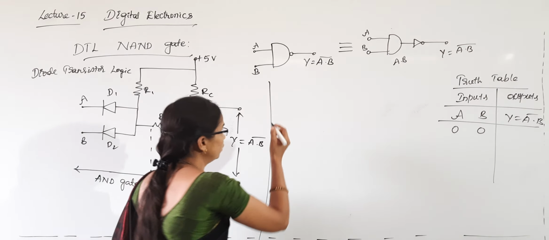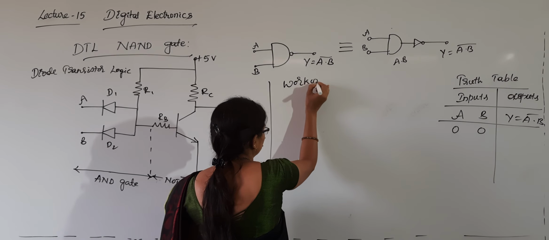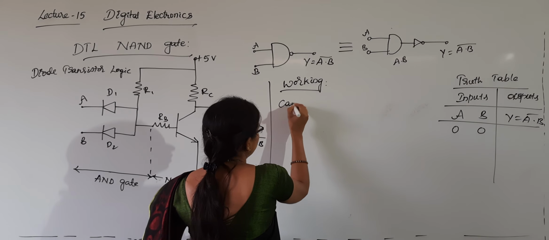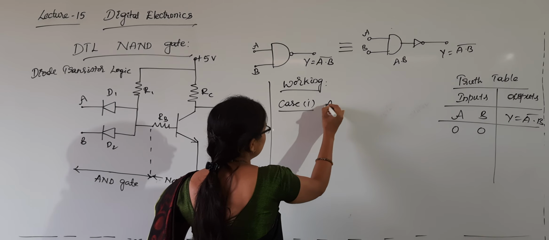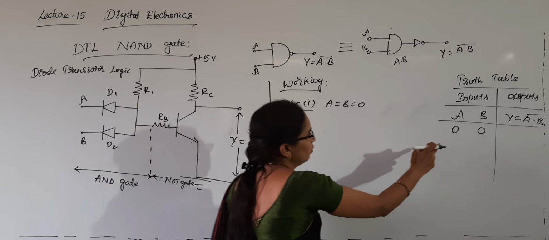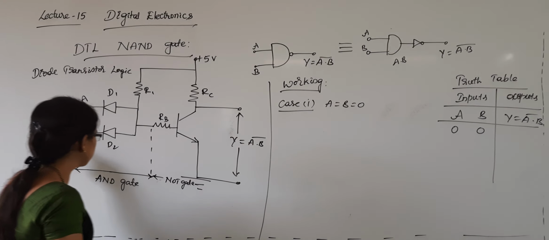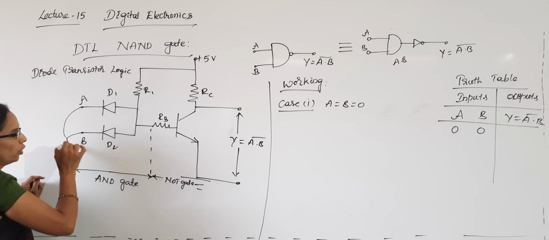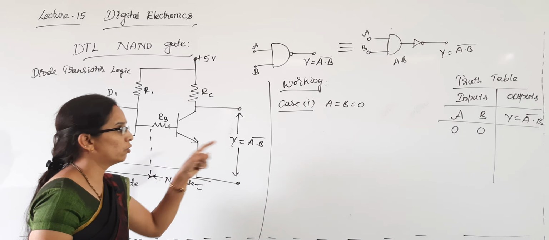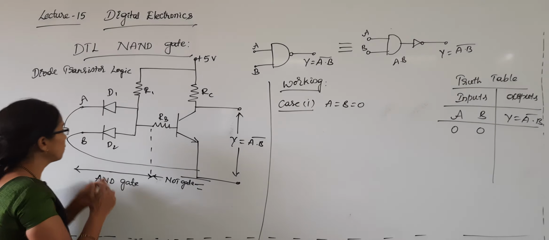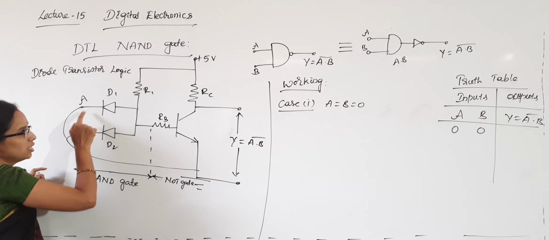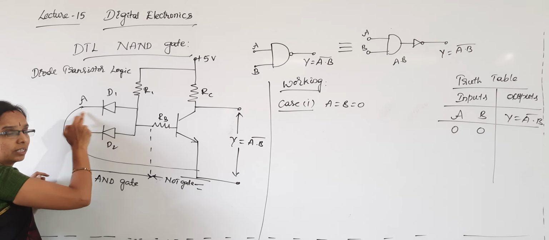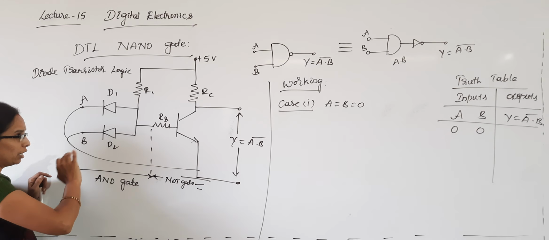So now we will study the working of this. In case 1, I will take A is equal to B is equal to 0. When both are 0 0, that means these two are connected to ground. What happens? If both are 0 0, these two diodes become forward biased, because the cathodes of the diodes are connected to the ground potential.